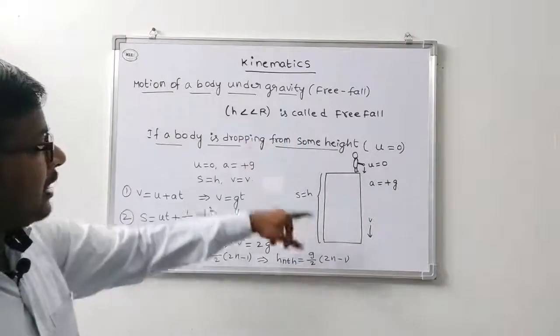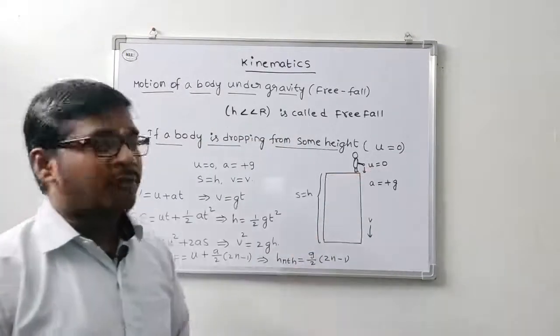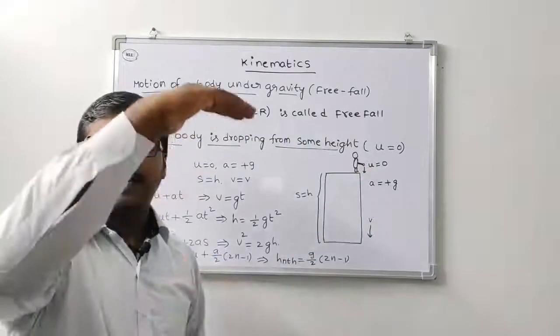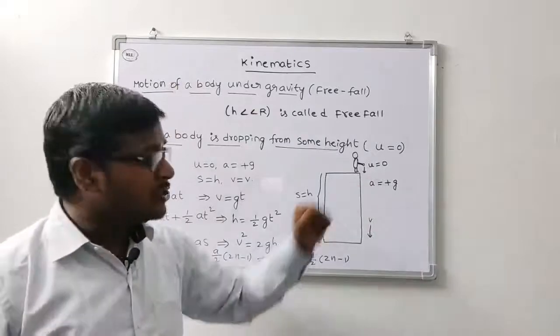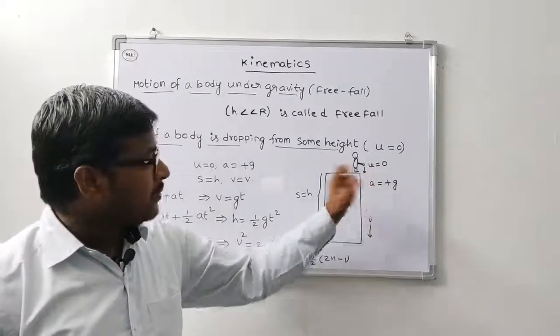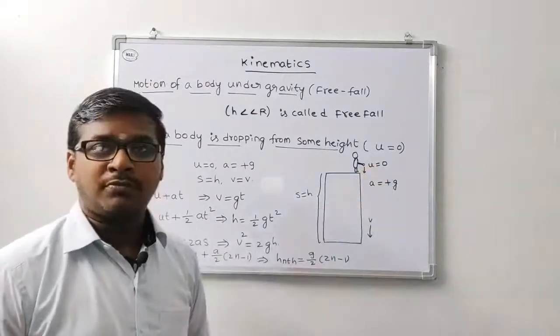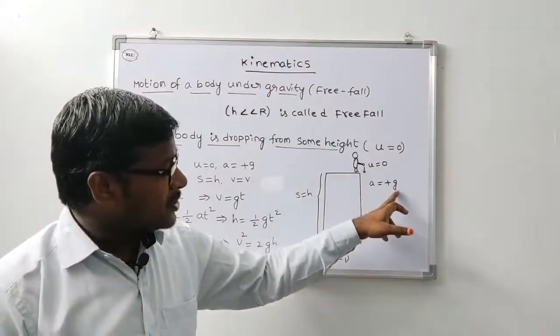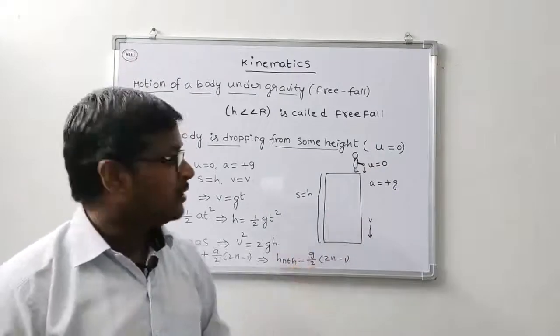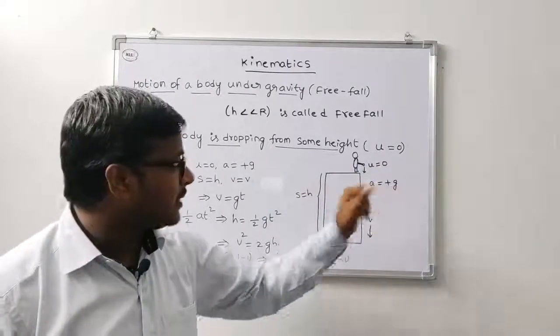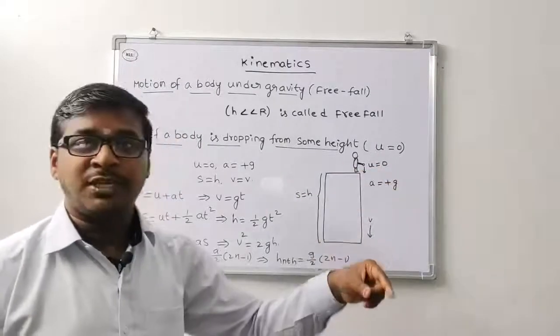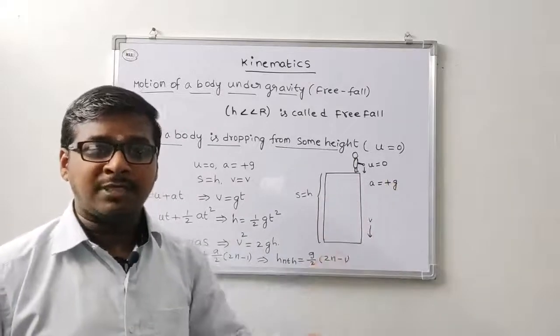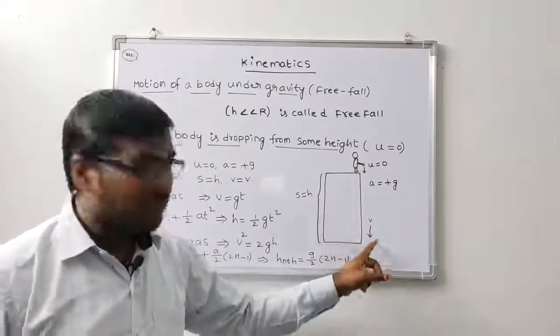In free fall, a body is dropped from a certain height, the initial position, which is 0, and u is equal to 0. The direction of motion is always positive downward, so a is equal to plus g. The final velocity continuously increases as the body reaches the ground.